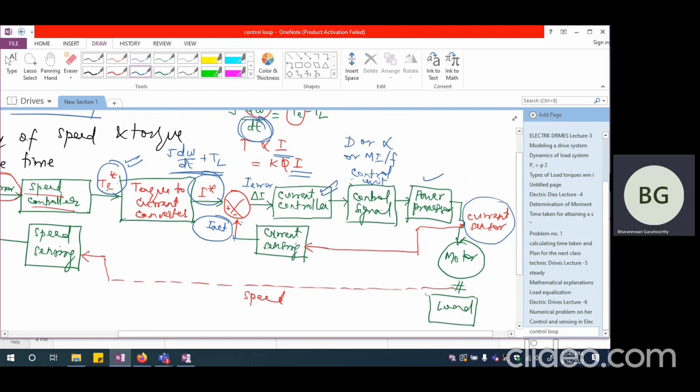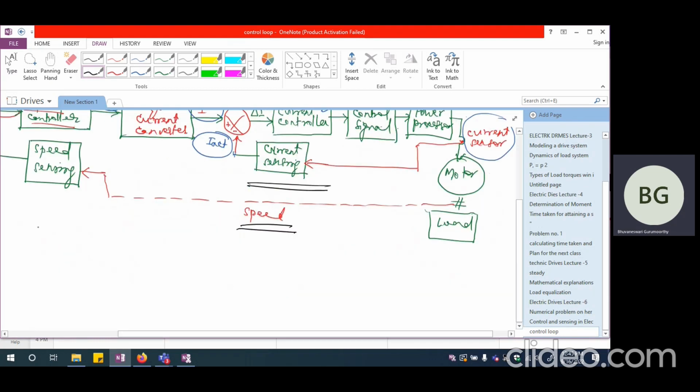So this is the overall configuration of the control loop for the motor drive when I want to control the speed. One thing I want to emphasize is the current control loop is the inner loop, whereas the speed control loop is the outer loop.